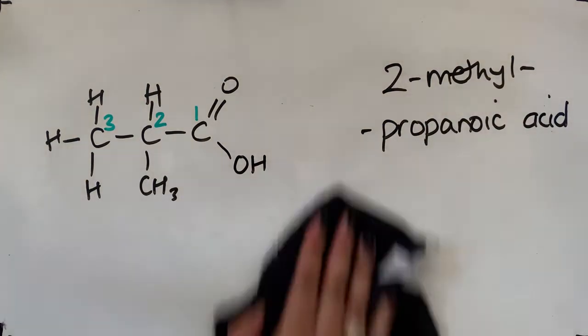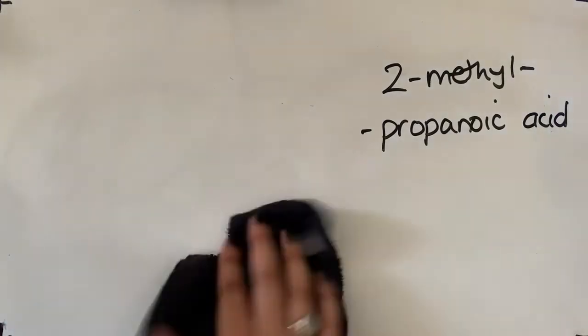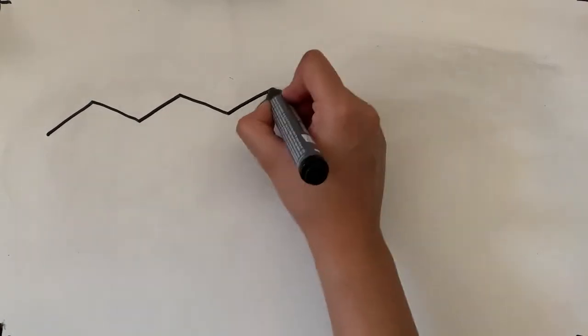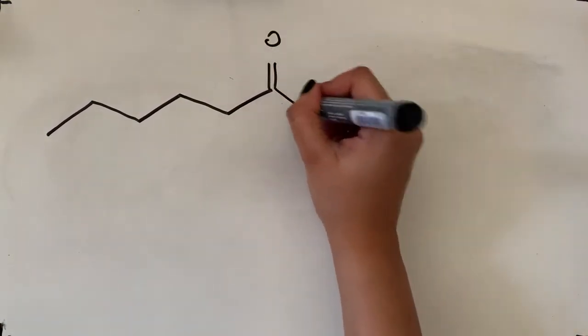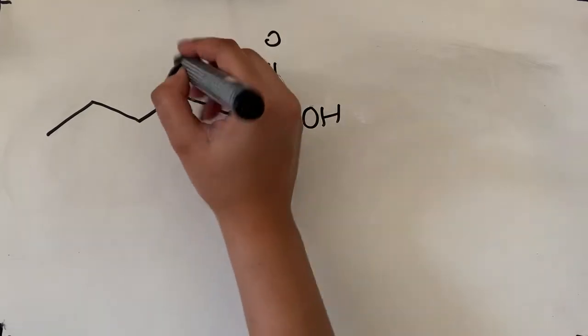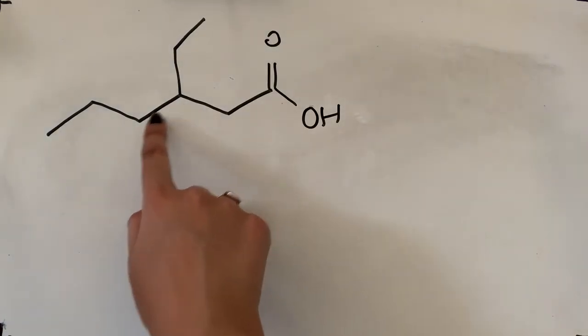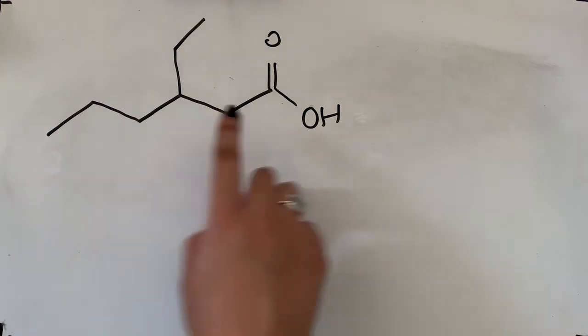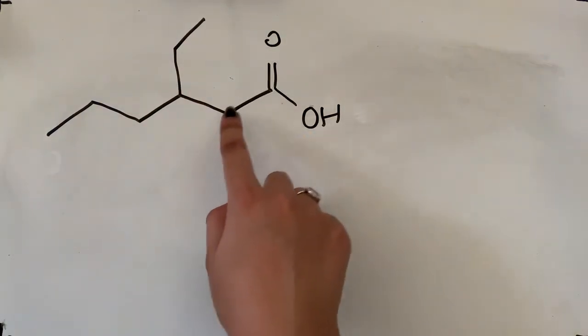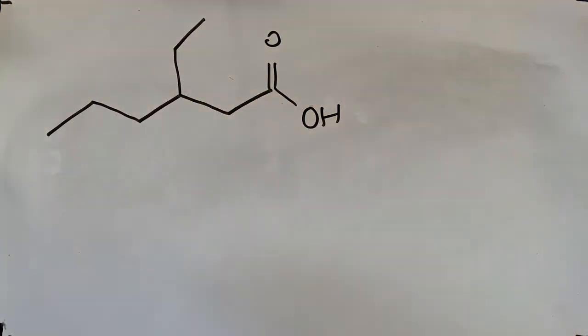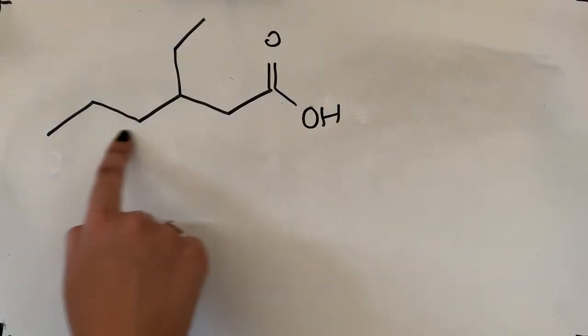Okay. Let's do just one more. I'll make a slightly longer one. Like that. Okay, so again, longest carbon chain, let's identify that. 1, 2, 3, 4, 5, 6. Be careful, it's not the one going upwards. That would be 1, 2, 3, 4, 5. That's not the longest carbon chain, so it's this one going along here.